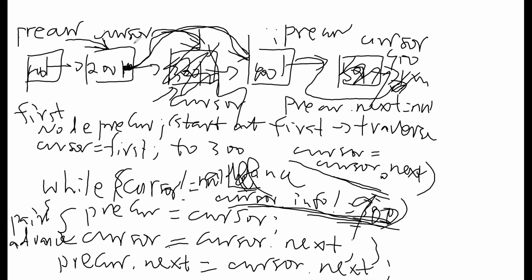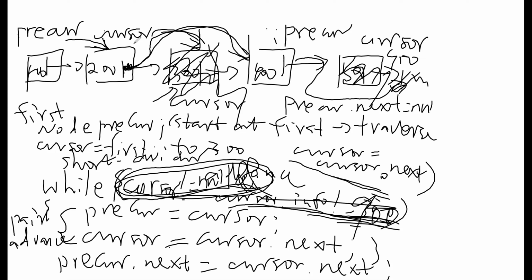And generally speaking, when you have both of these conditions, you put the null check at the left side of the and operator, and this kind of thing, we call it short circuit. Because what it does is it first checks if it's already null, then it won't need to check if it's 900. In this case, you move to the last node, it has already reached beyond the last node, then why do you still need to bother with its data?